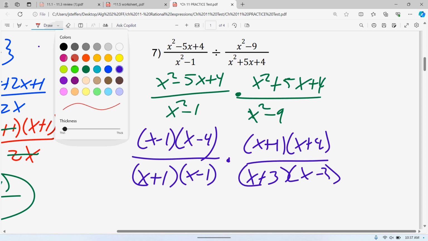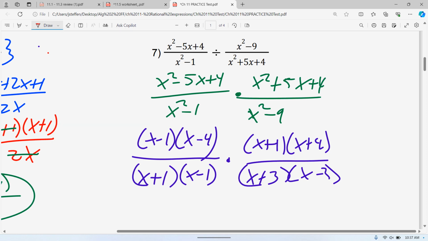So now I have an x minus 1 and x minus 1 that cancel, and x plus 1 and x plus 1 that cancel. That's all that cancels. Nothing else is the same. So I end up with x minus 4 times x plus 4 over x plus 3 times x minus 3.